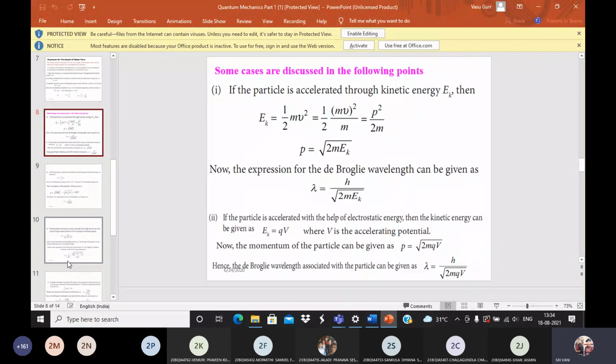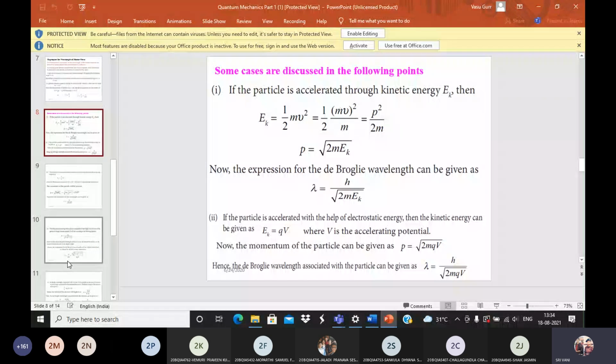Again in the mass of the electron we have 10 power minus 31, and charge of the electron also 10 power minus 19 coulombs. In the potential, only 5 volts. It is in the square root. Already I mentioned to you that for calculation and answer there is only 1 mark weightage. The entire marks weightage is for formula and methodology.